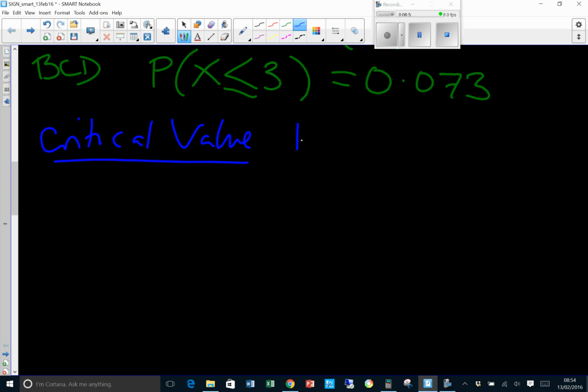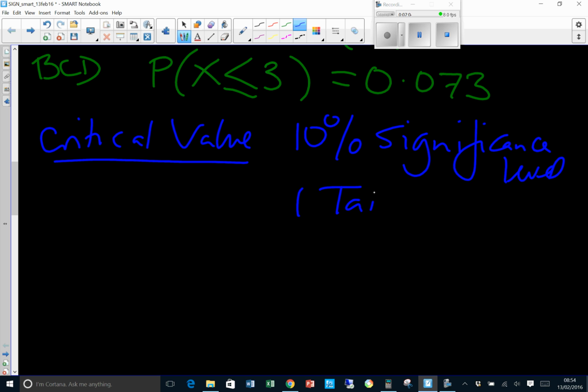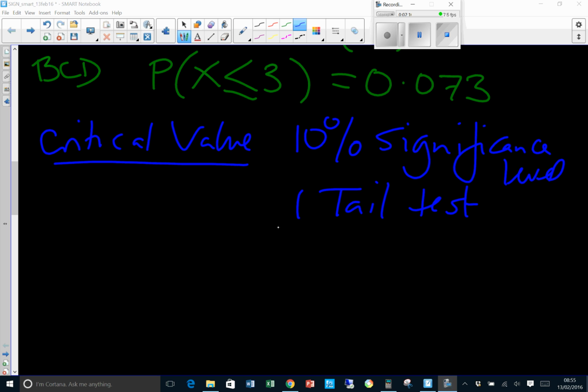In this case, it was a 10% significance level, and it was a one-tail test. So our critical value is going to be 0.1, turning that into a probability.